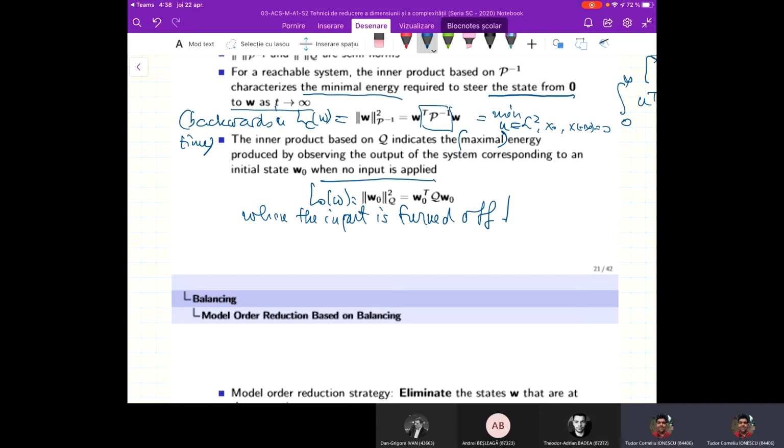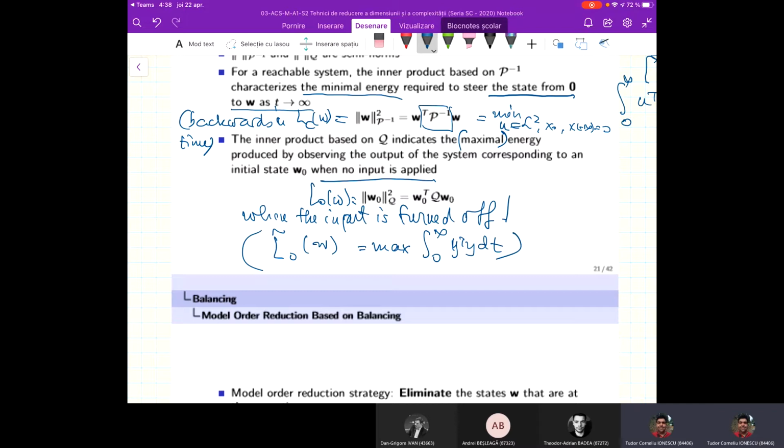Similarly, we have the output energy. This has no minimum. However, there are different versions of the same problem.